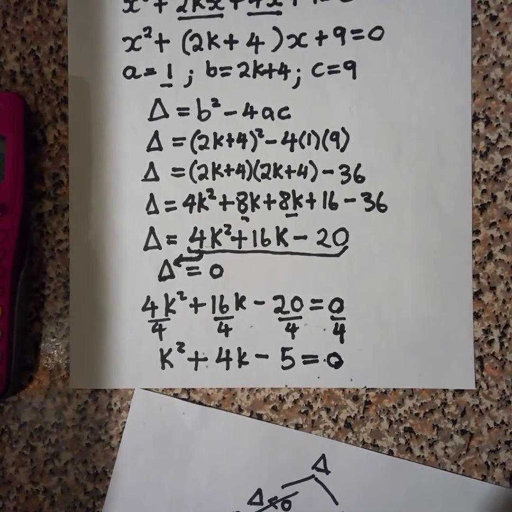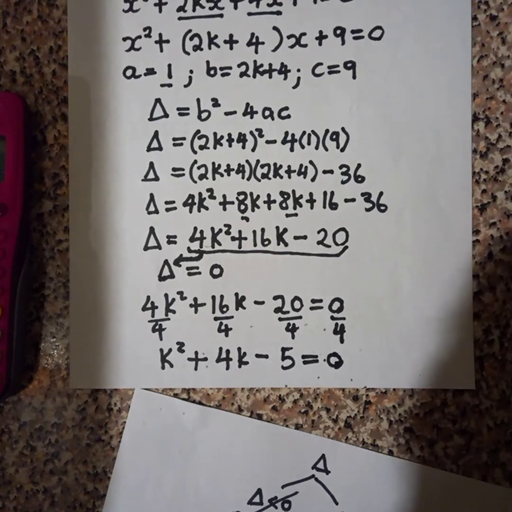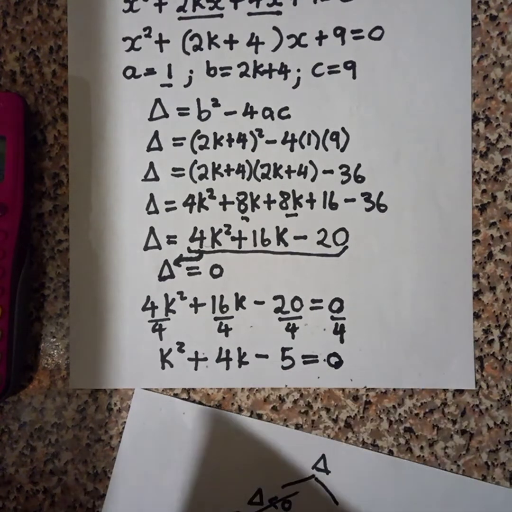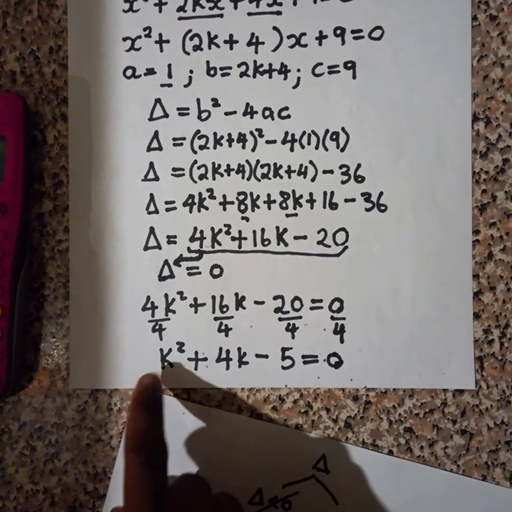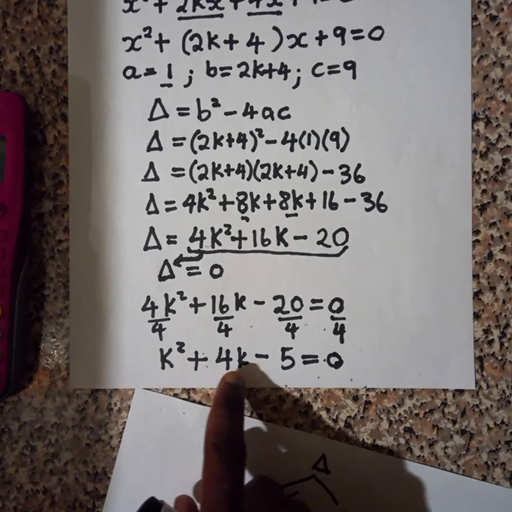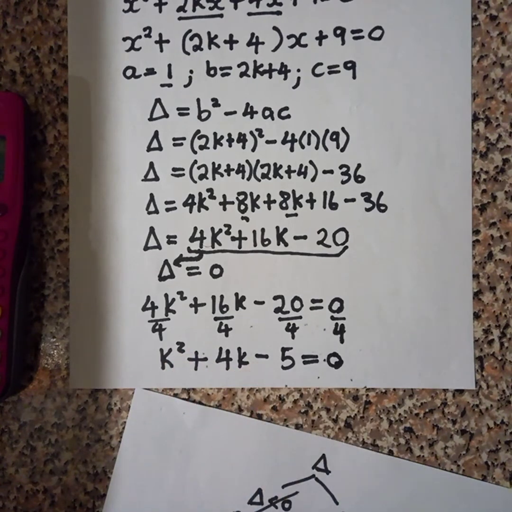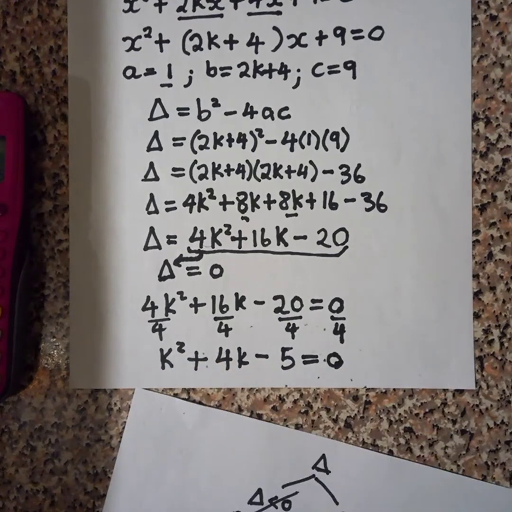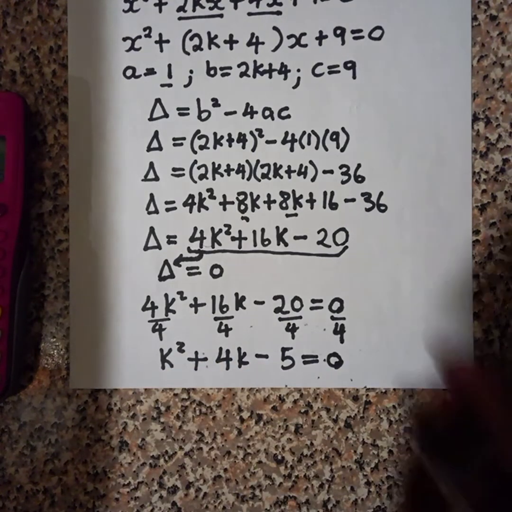At this point, we'll try to find the factors of k squared plus 4k minus 5.